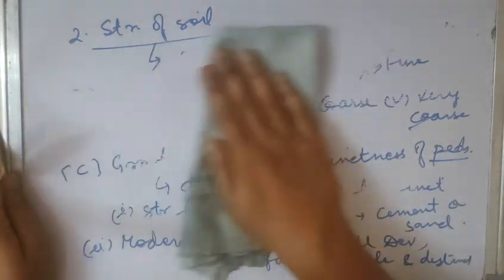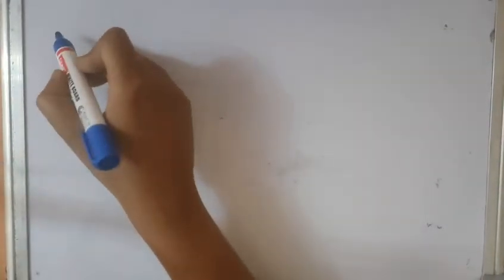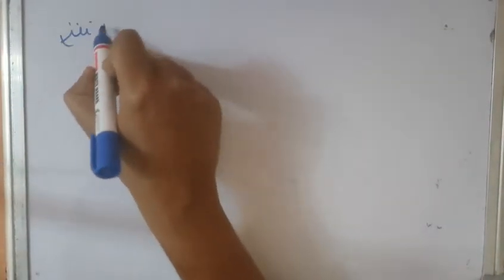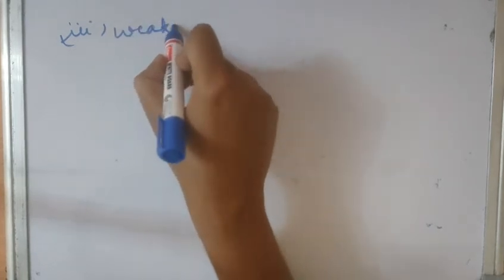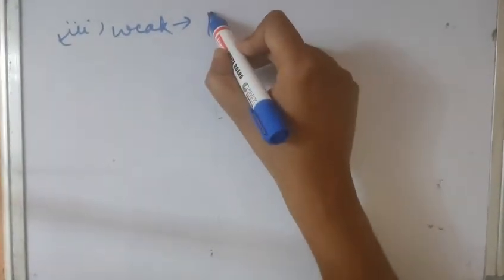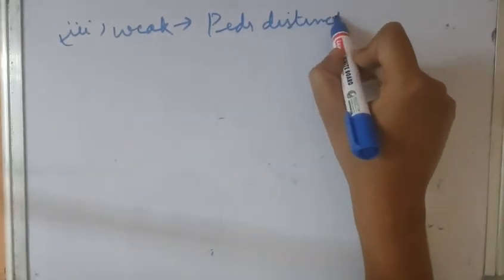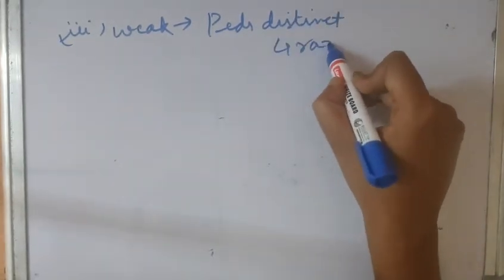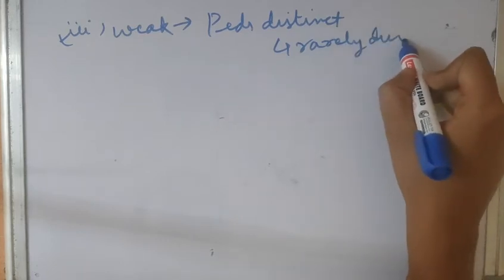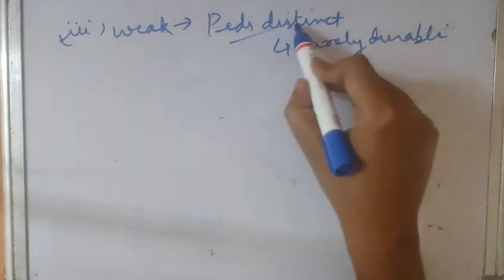After moderate, the third one we have is weak. Here the beds are distinct but rarely durable.